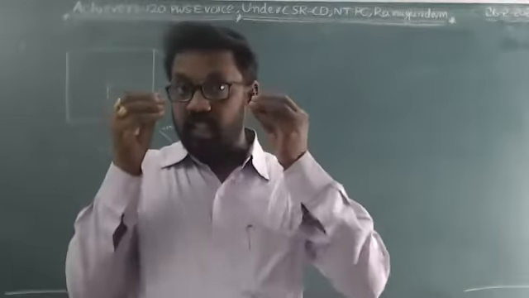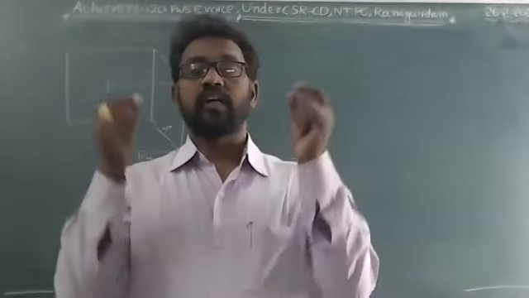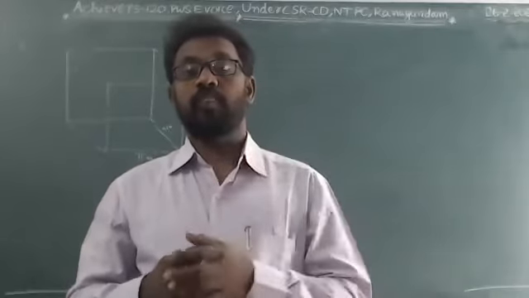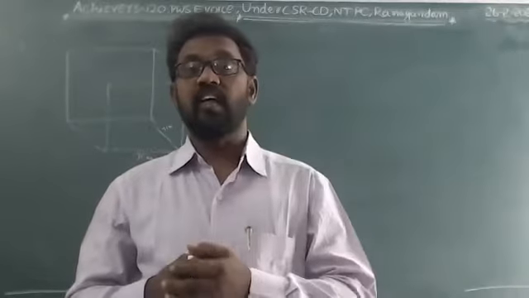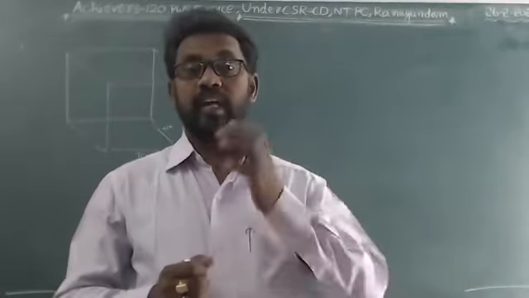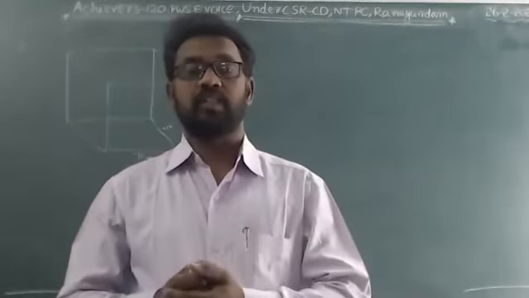So the largest right circular cone, you have to find the volume. What will be the largest right circular cone that we can cut from the cube of side 7 centimeters?